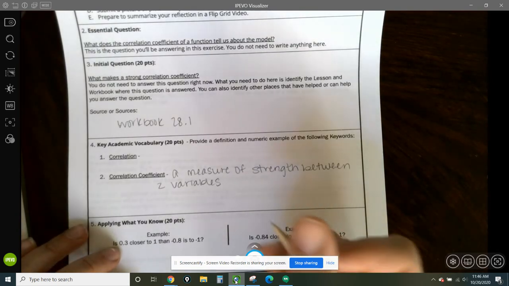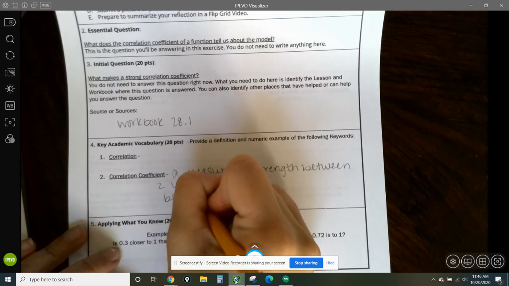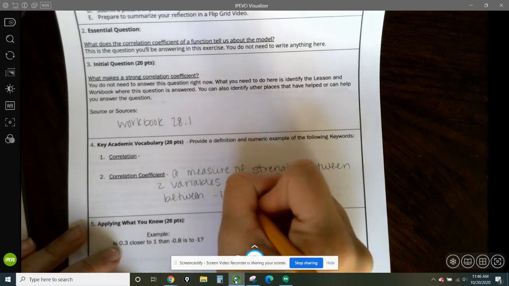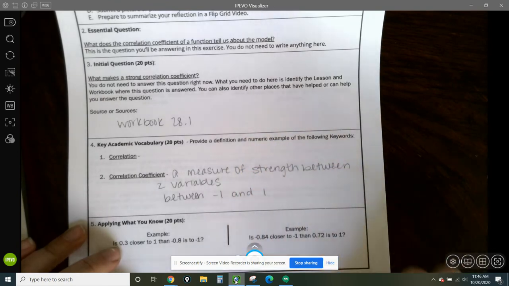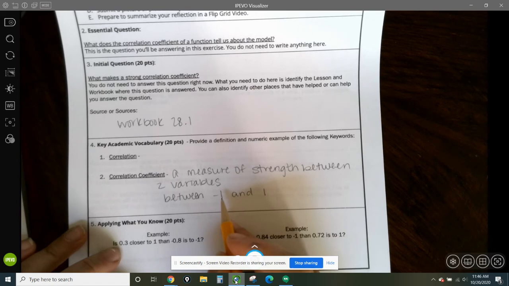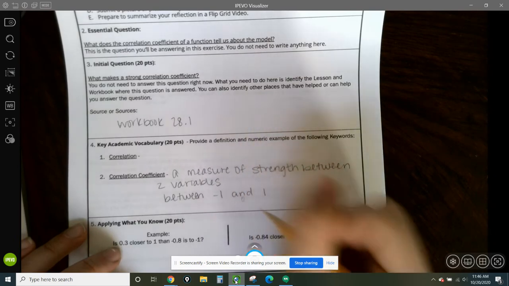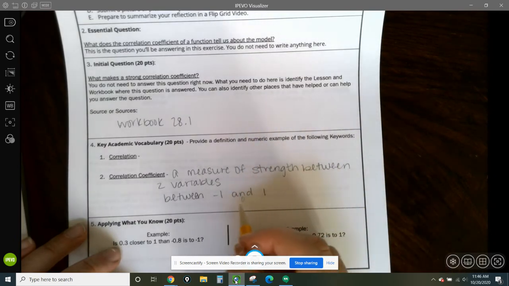The other thing it said is it's always between -1 and 1. And it said the stronger ones are the extremes. So the closer it is to -1 or the closer it is to 1, those are the stronger correlations. And the ones closer to 0, since 0 is in between here, those would be the weaker correlations.